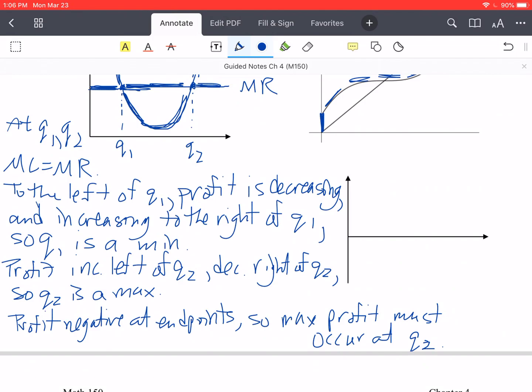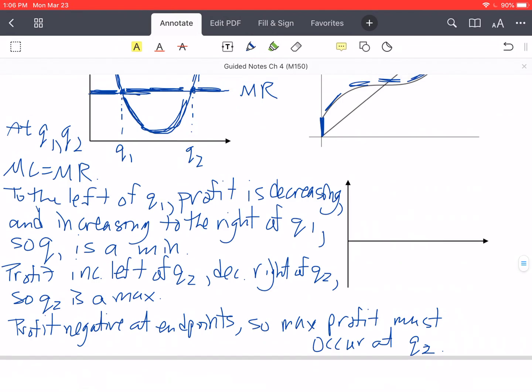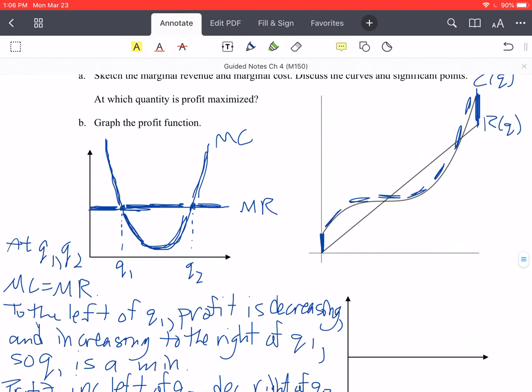So that is our global maximum, right? And if you look at the original graph, hopefully that would make sense. So these 2 points, Q1 and Q2, look like they occur right about here and here, right? It's about Q1, about Q2 right there. So that would match with what we saw in the previous graph.